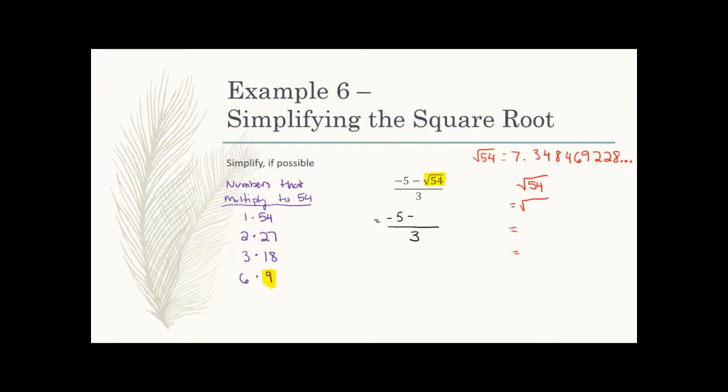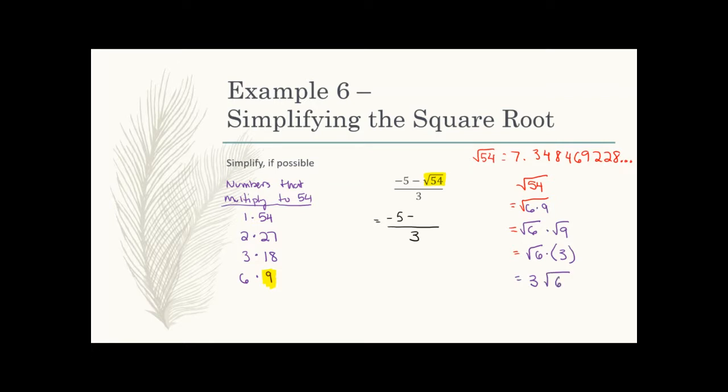So going back to my pen and redoing this, 54 is 6 times 9, not 3 times 9, not 9 times 3, it's 6 times 9. So I'm going to split this up as the square root of 6 times the square root of 9. I can take the square root of 9, which is 3. So in this case, I put 9 in the back, so this is the square root of 6 times 3. I'm going to just rewrite this as 3 times the square root of 6.